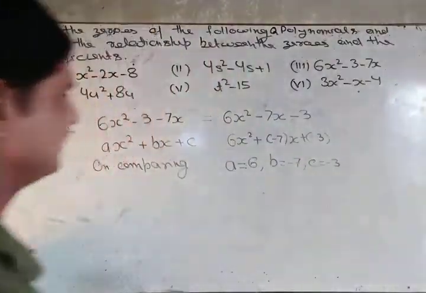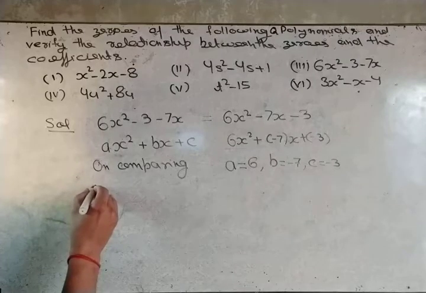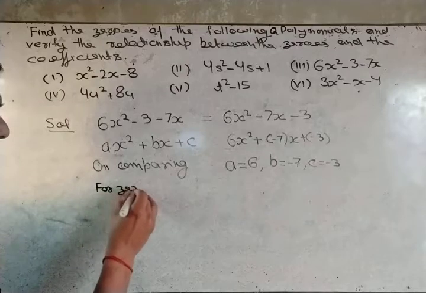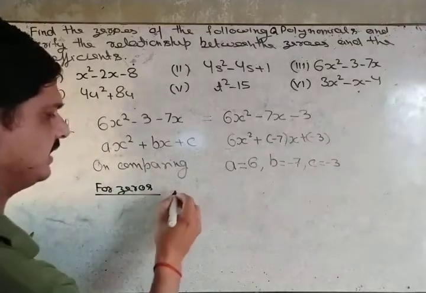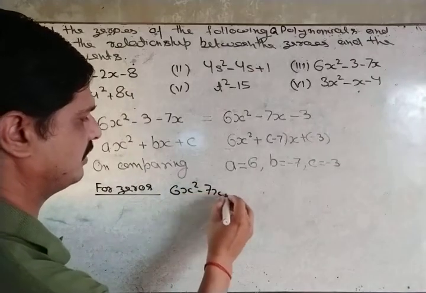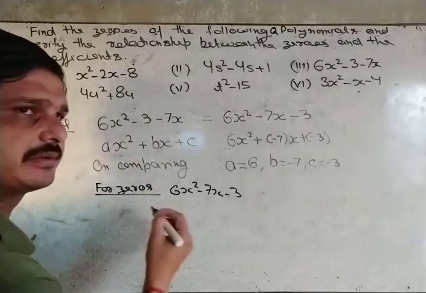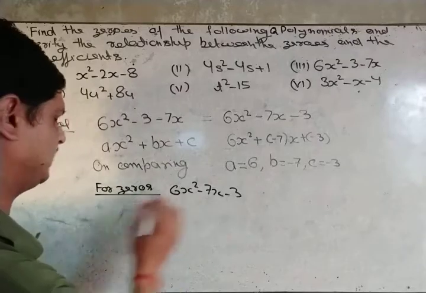After that, for the zeros of the polynomial, we will again consider the polynomial and find out the factors. For that we need to multiply.